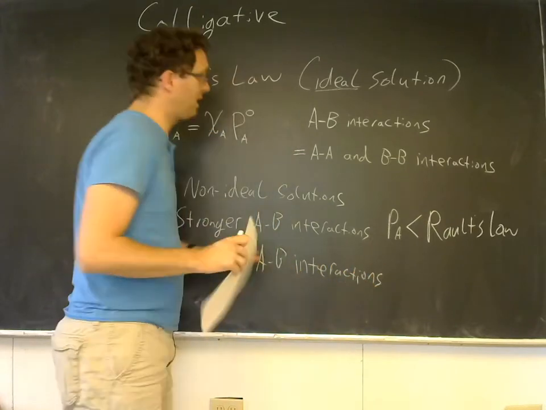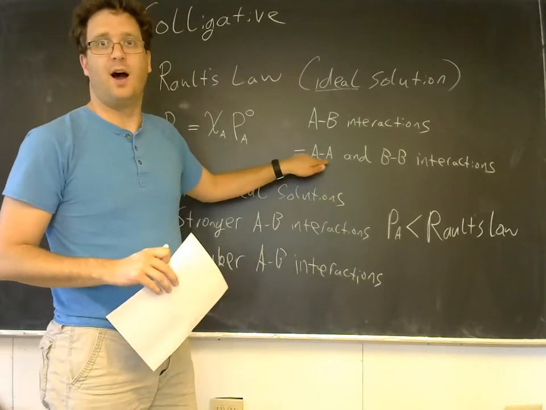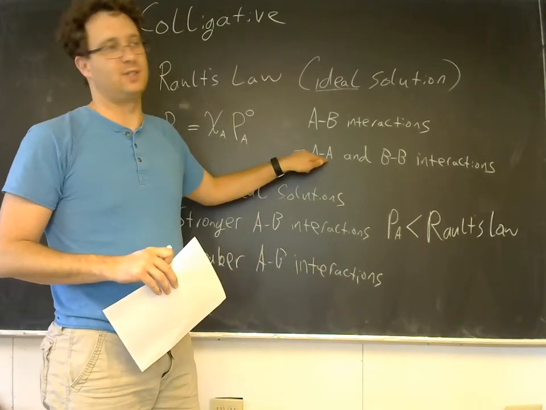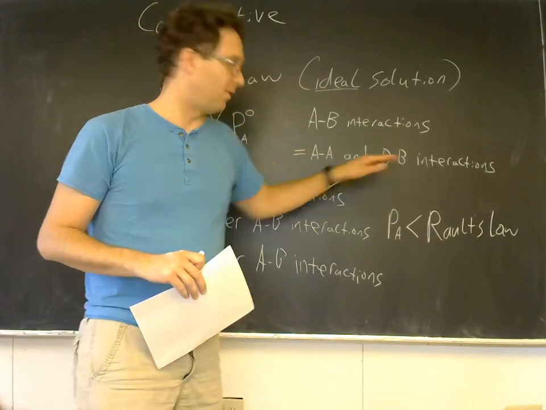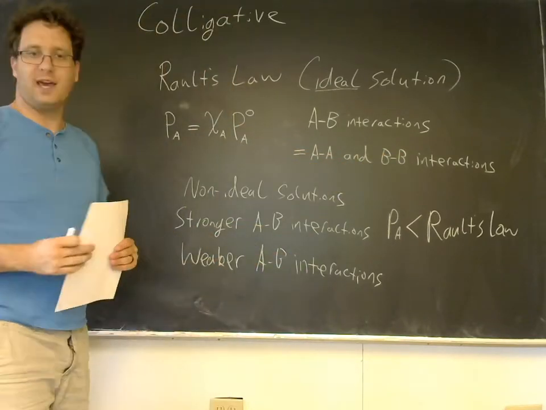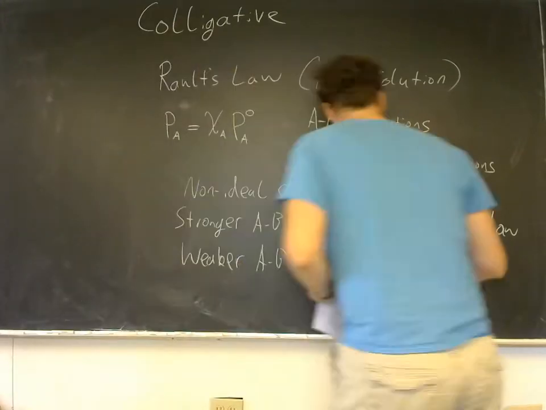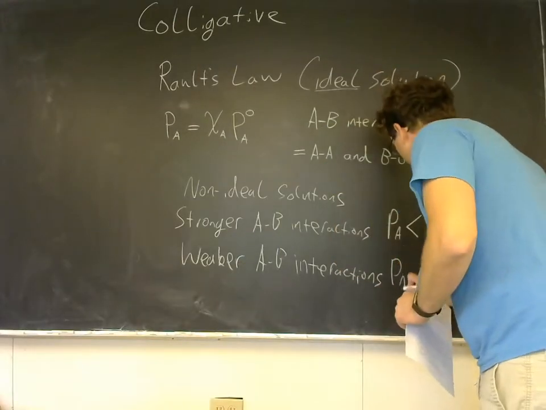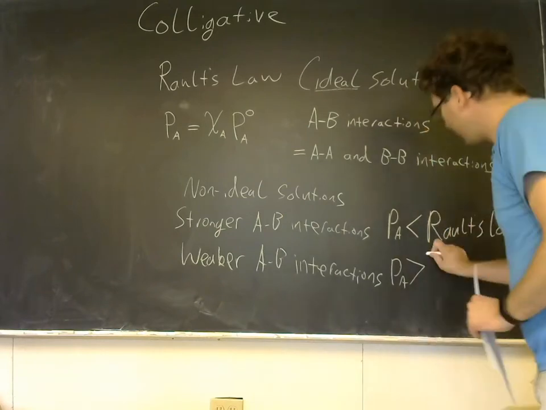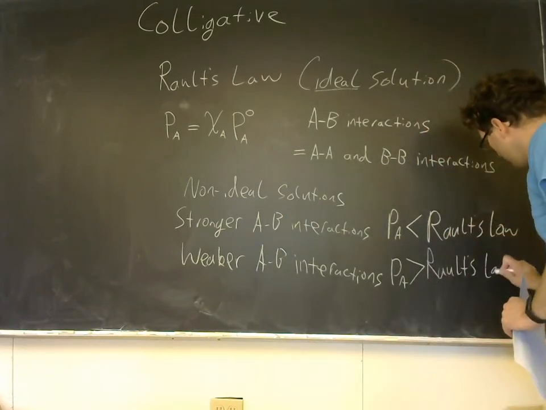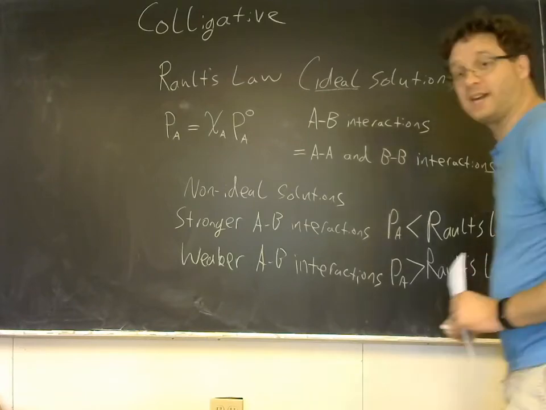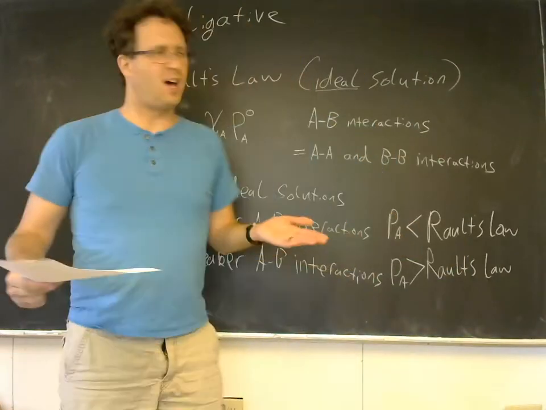And this means weaker than the cohesive forces with the solute to solute and solvent to solvent. So if you have weaker A-B interactions, then the pressure that you observe will actually be greater than what Raoult's law predicts.